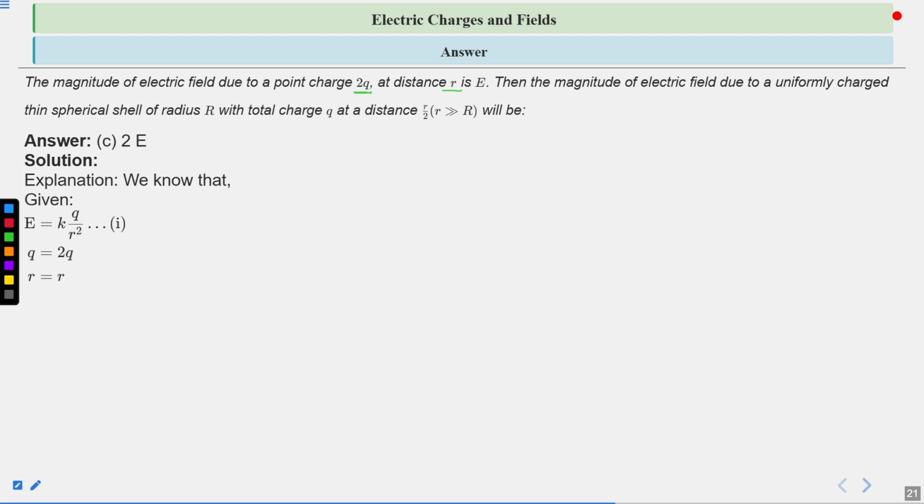So due to point charge 2q at a distance r, we can calculate the electric field E from the formula E is equal to kq divided by r square. So just substitute the value of q. Suppose this is q prime. Here q prime is 2q and the distance is r.